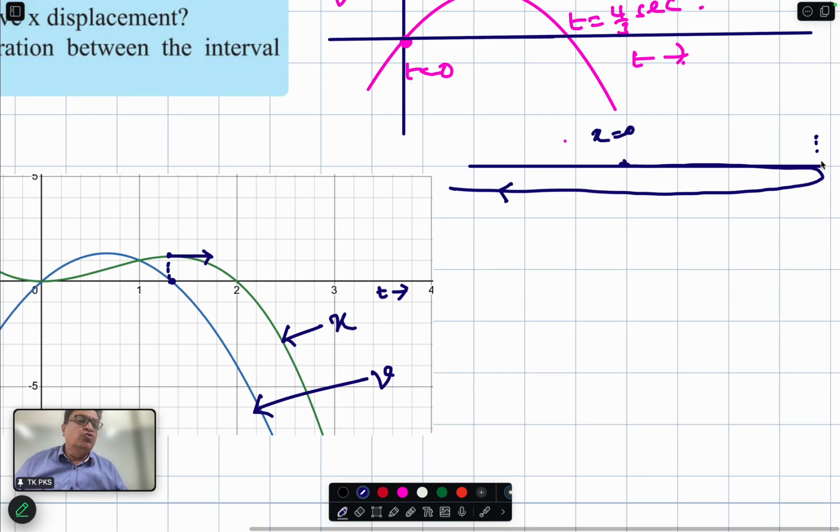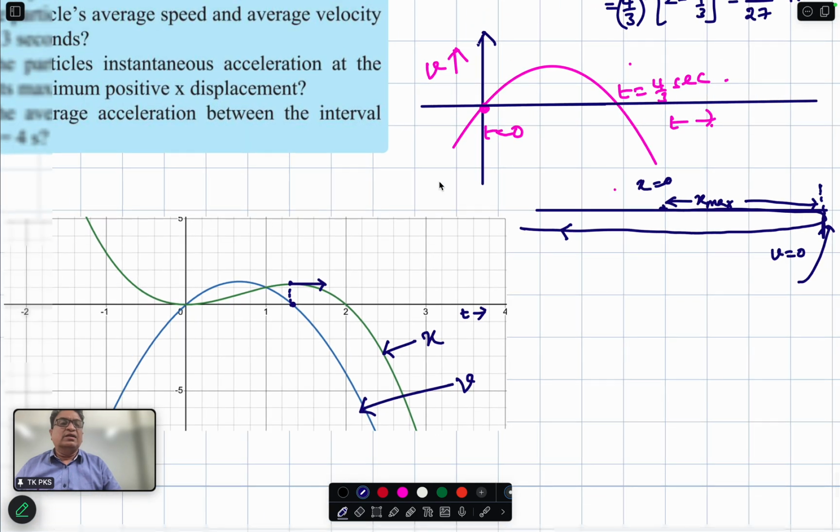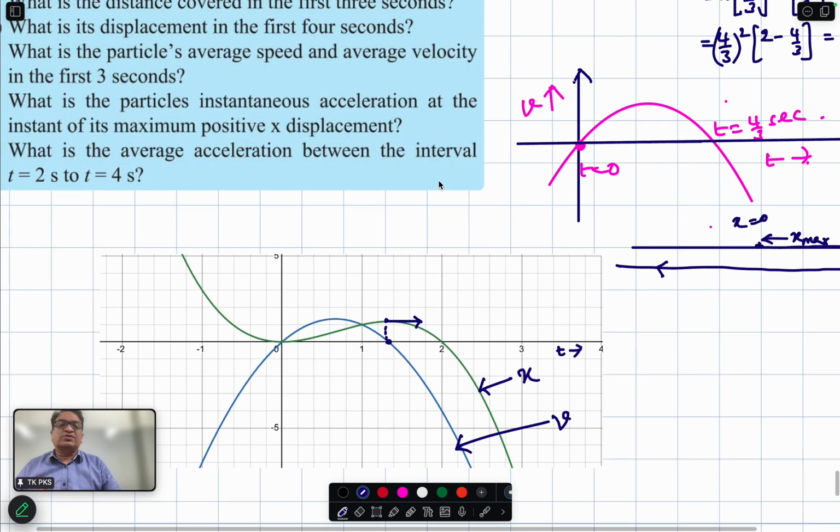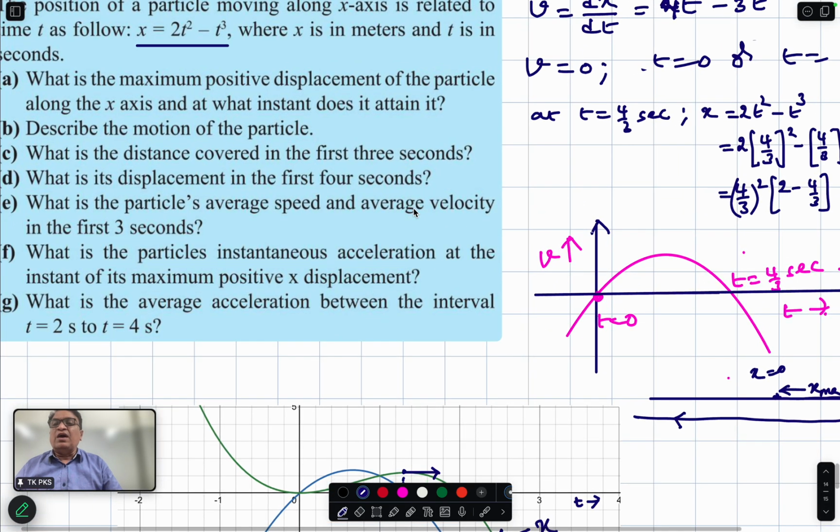So you see the U-turn? This U-turn point is x max. What is happening at that point? At this point, v becomes 0. v is 0 at 4/3 seconds, and that 4/3 I have substituted in x. I got x max. Now, please confirm, have you followed option A?